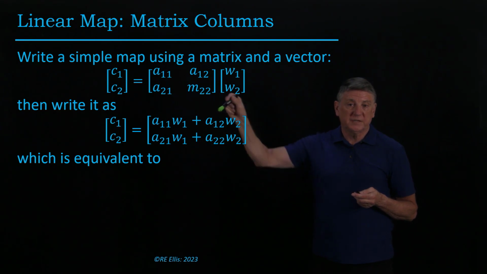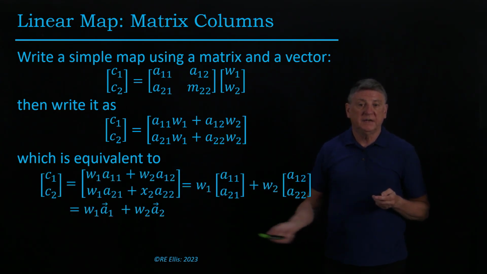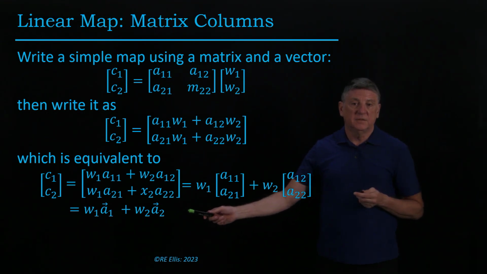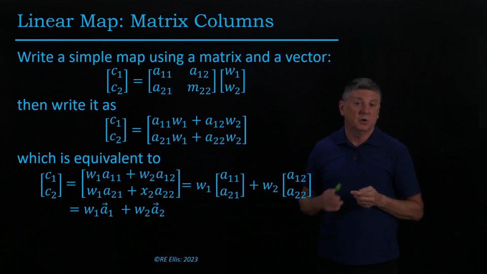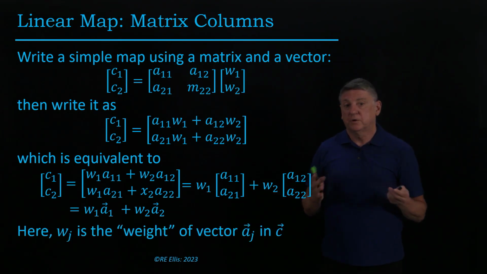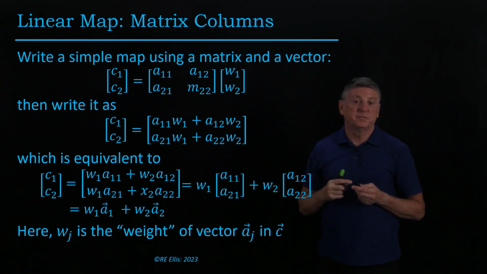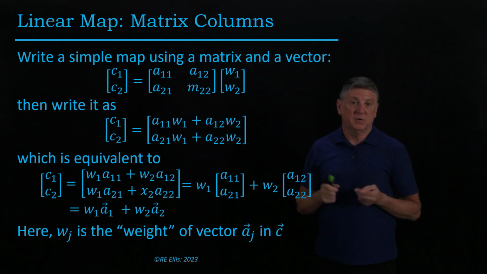W2 is appearing twice. We could gather these entries into a vector. And what that would give us is that the vector C is a linear combination of the columns of the matrix A. We can also think of this W argument as providing the weights in this linear combination.